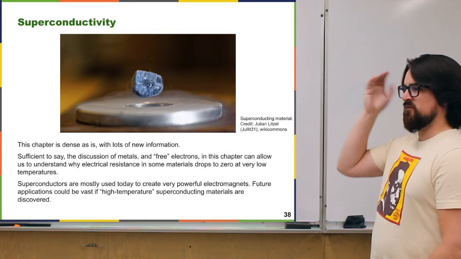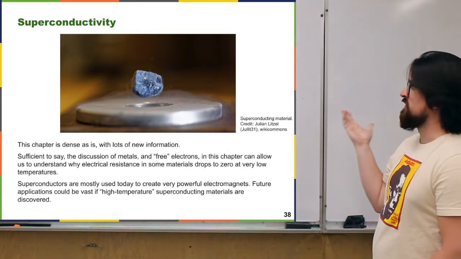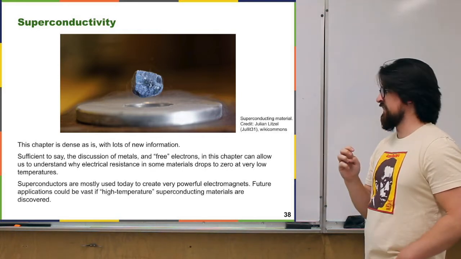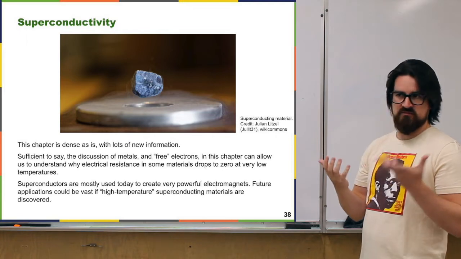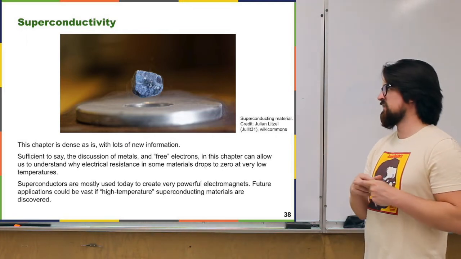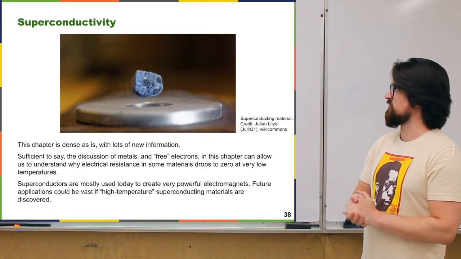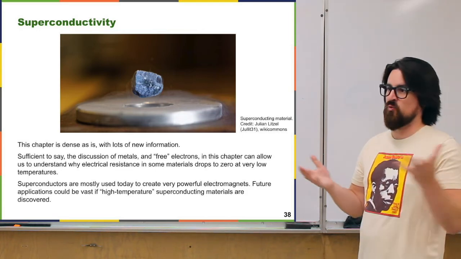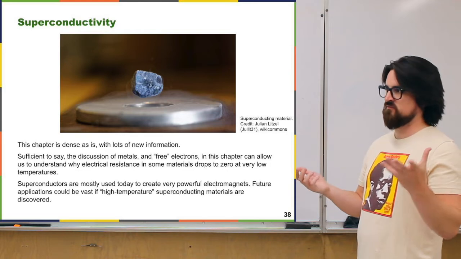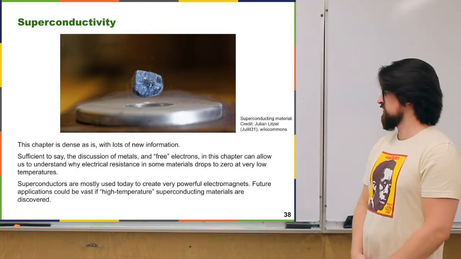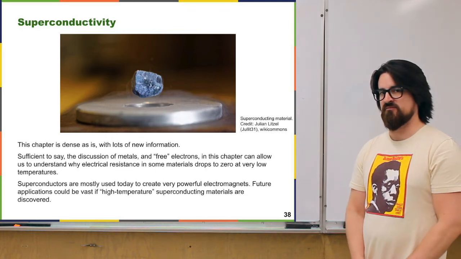However, there's a great amount of research being done to try to find what are known as high temperature superconducting materials, and if we do get something that would be considered high temperature, there's a vast array of possible applications for superconducting materials. I mean, for one, just power transmission, right? If you could transmit energy without losing power along the way, because we lose a lot of energy in transmission lines.